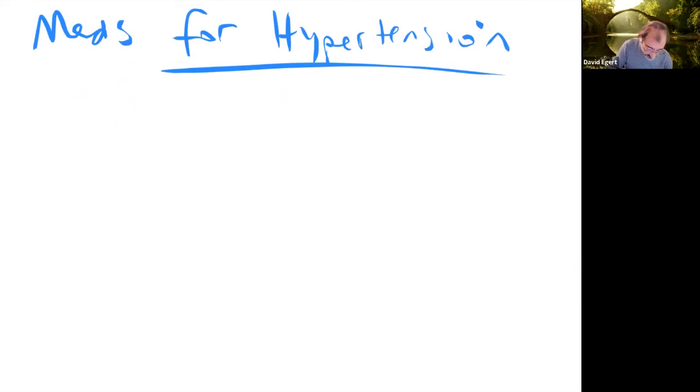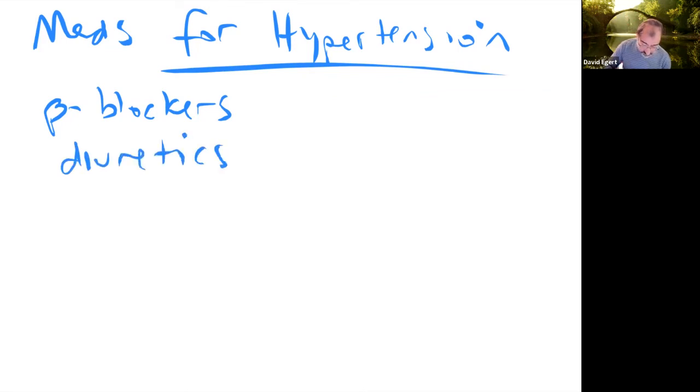Like I said, there are beta blockers, which help keep the heart rate low and the contractility of the heart muscle lower, therefore keeping the stroke volume and cardiac output lower, therefore keeping blood pressure down. We talked about diuretics, making you pee more, keeping the blood volume lower, therefore keeping your blood pressure lower. And then it's going to be ACE inhibitors.